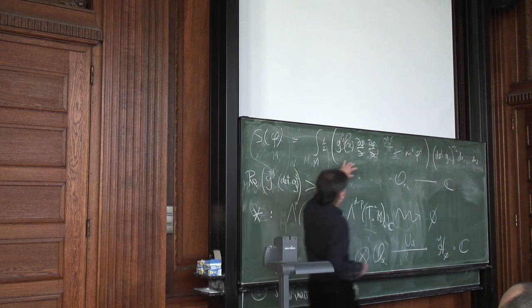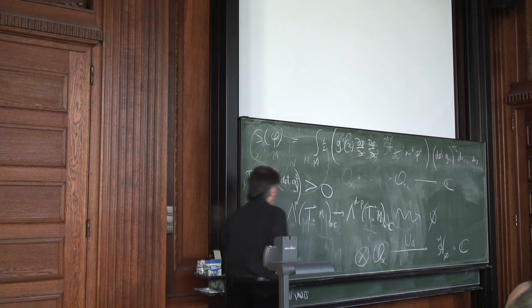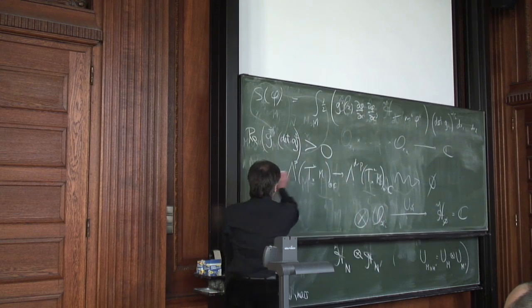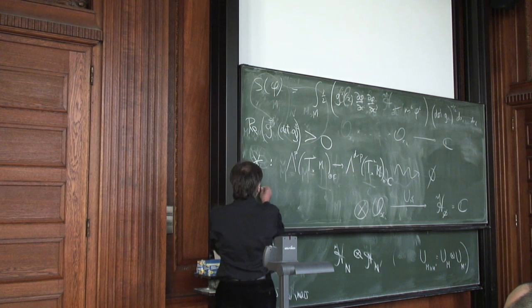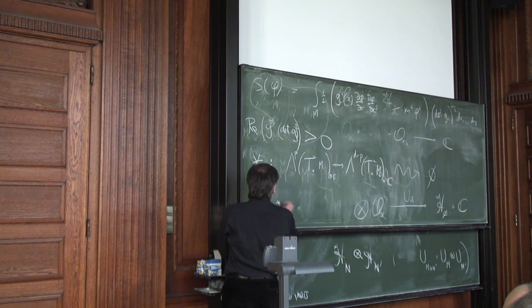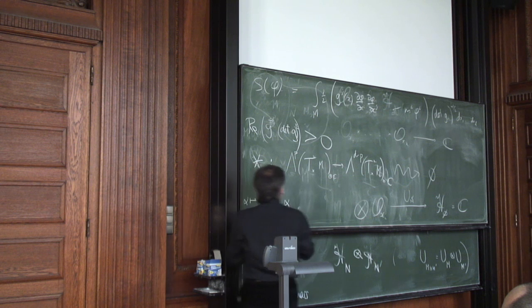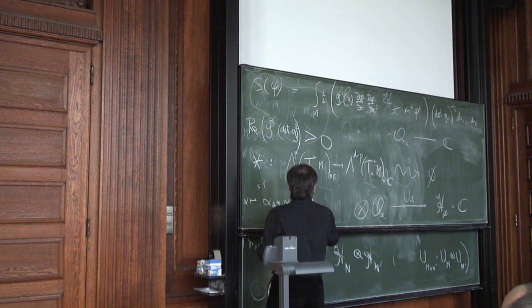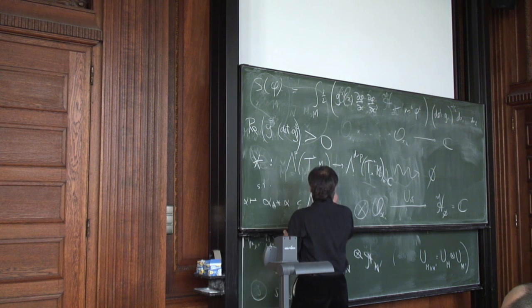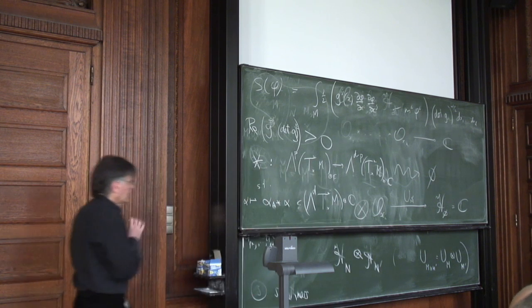And the thing we want is that this star has the property such that alpha wedge star alpha, taking alpha as an element of this, is in the top exterior power, which is one-dimensional. We want that to be positive.